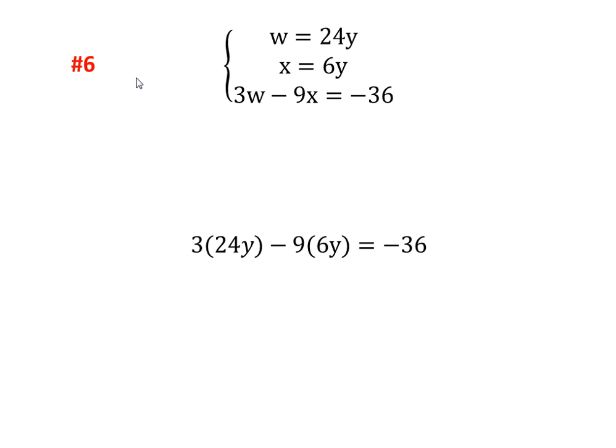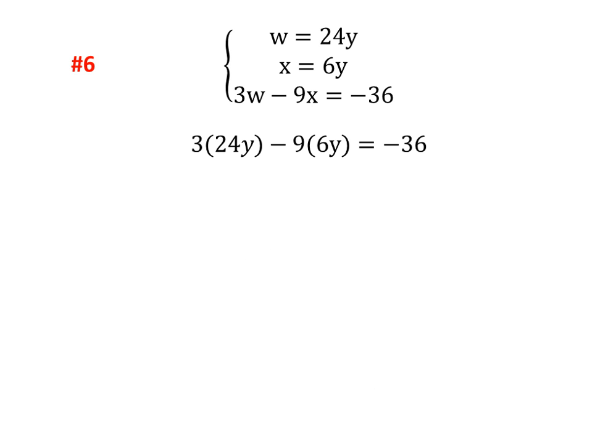So I'm going to rewrite the bottom equation with 24y in place of w, because 24y is w, and 6y in place of x, because 6y is x, as indicated from the top 2 equations here.